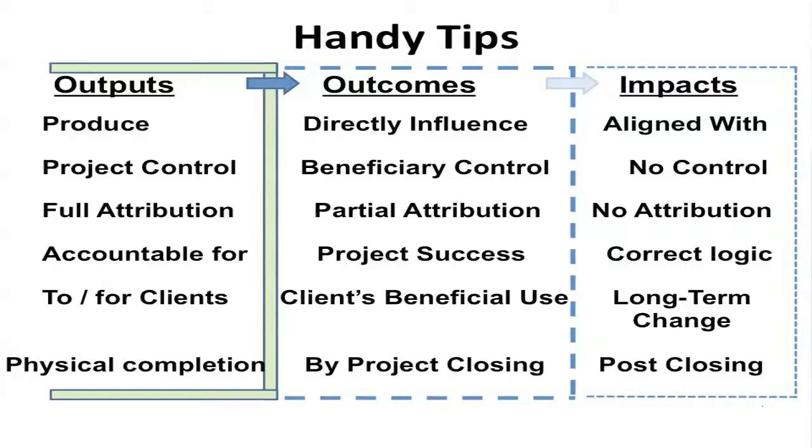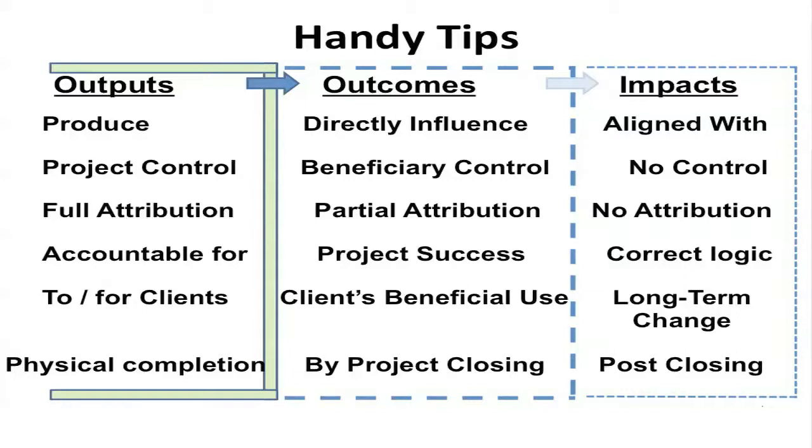Impact is only something you're aligned with. Output is something within your control when you're designing your projects. The outcome now moves outside of the project's control, to the beneficiary or whoever's receiving your project's outputs. For impact, really there's no control.